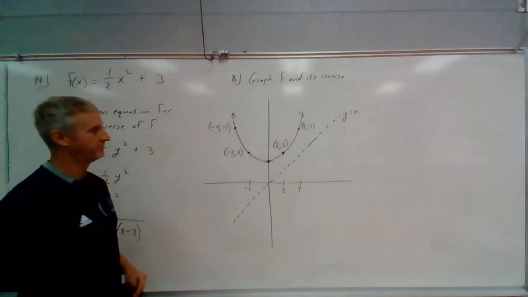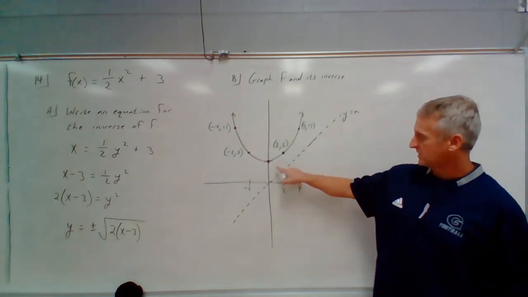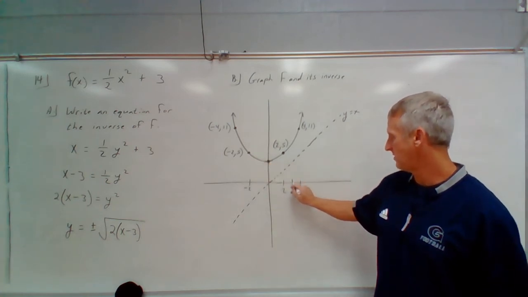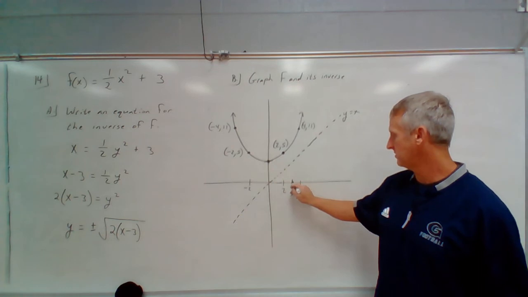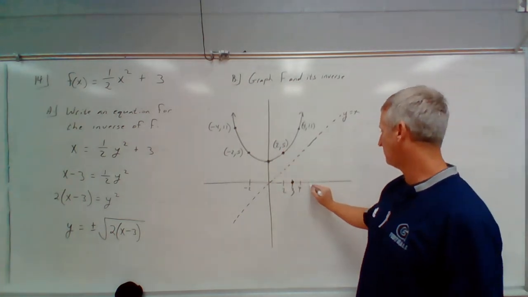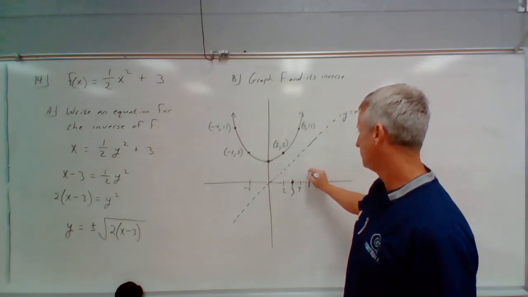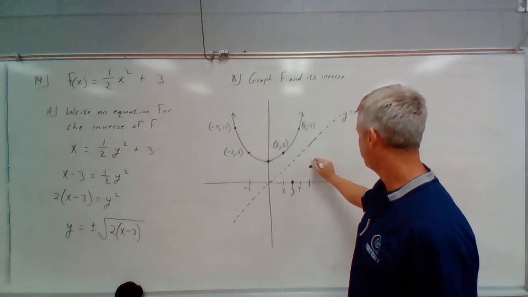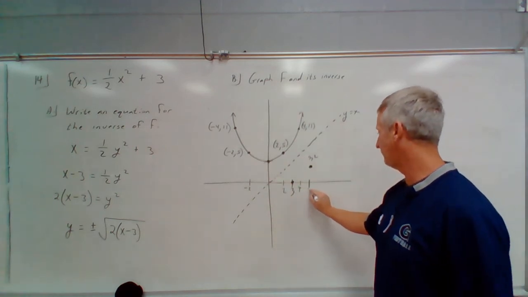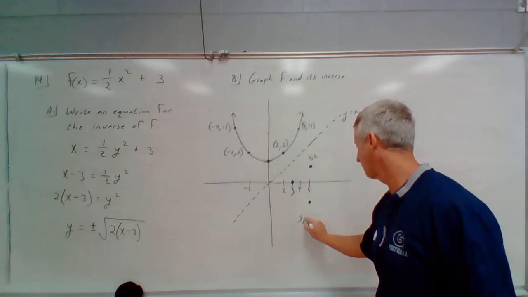All right, I want to graph the inverse, so all I have to do is switch all these x and y values. Here is (0, 3), so I would need (3, 0). I have the point (2, 5), so I would need the point (5, 2). I've got the point (-2, 5), so I would need the point (5, -2), should be about there.